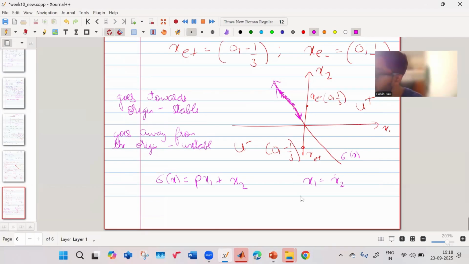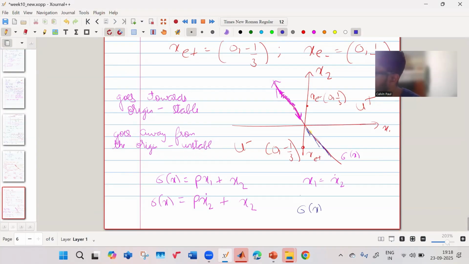So what you do, you write this: p x2 dot plus x2. This is your sigma x. Now, when it is on this surface, on this line, what happens?